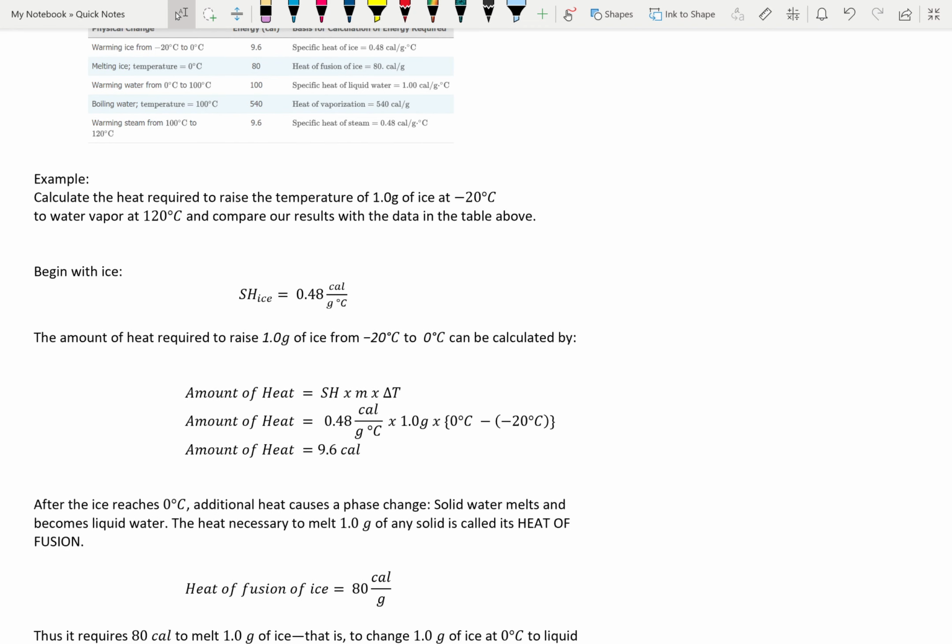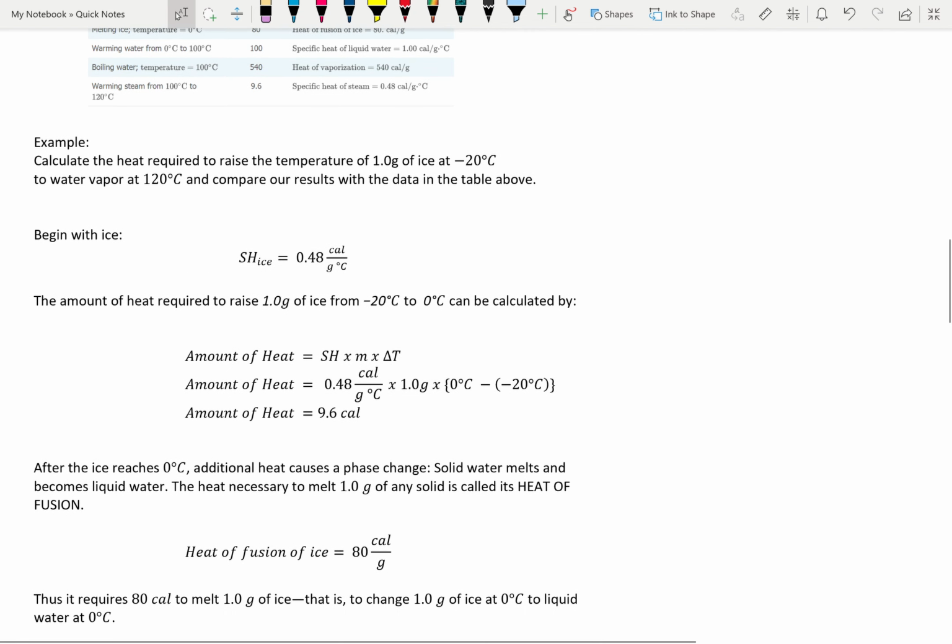The amount of heat required to raise 1 gram of ice from negative 20 degrees to 0 degrees is going to be calculated by the equation that I just went over, the amount of heat, which is the specific heat, times the mass, times delta T, which is the change in temperature.